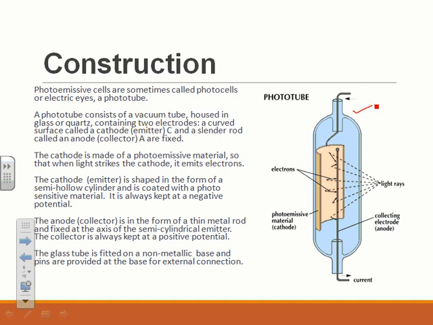A curved surface or semi-hollow cylinder surface is called the cathode, or emitter. And a slender rod is called the anode, or collector.